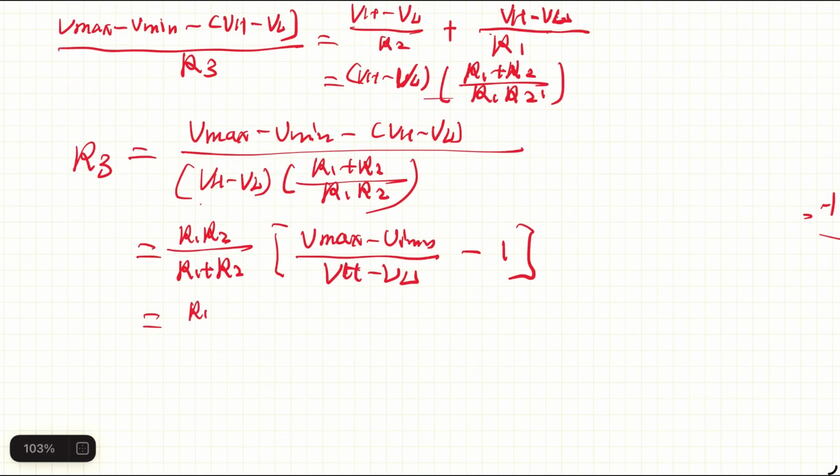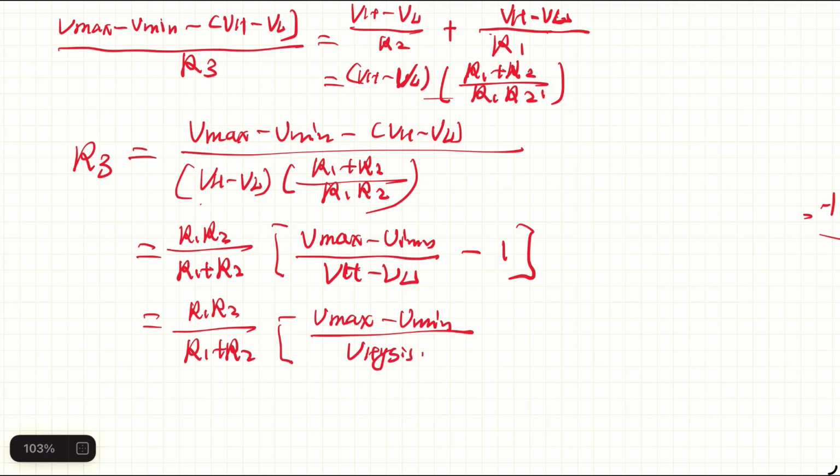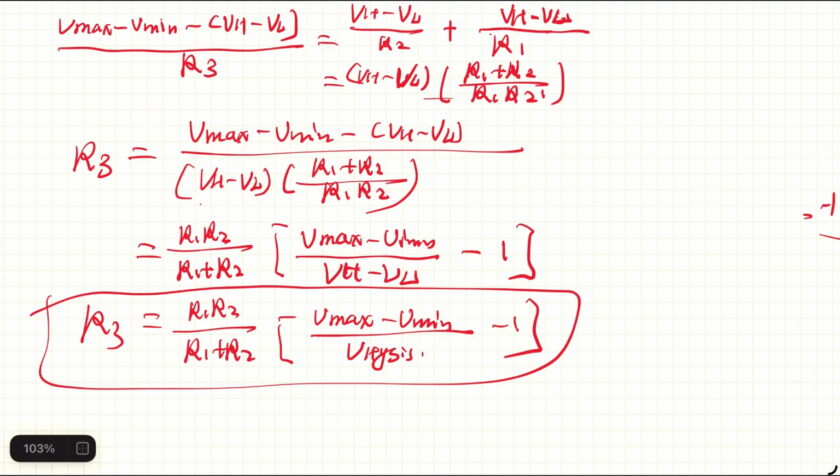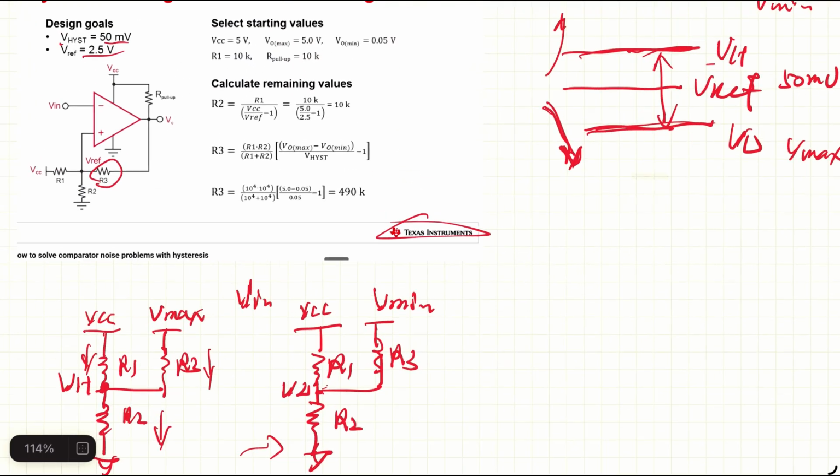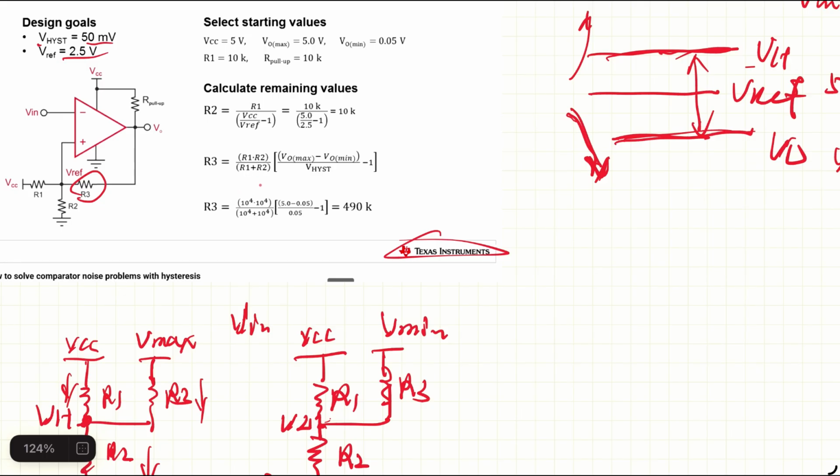So this is R1 R2 over R1 plus R2, times V max minus V min divided by V hysteresis, minus 1. Okay, this is R3. Just remember this equation, and if we check it back to this equation here, that's exactly what we get.